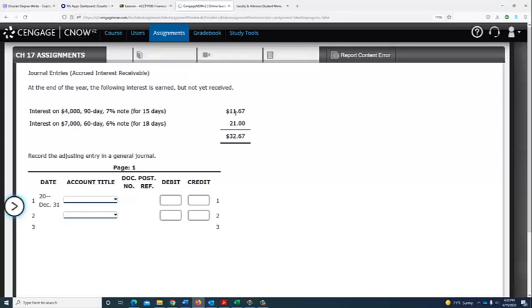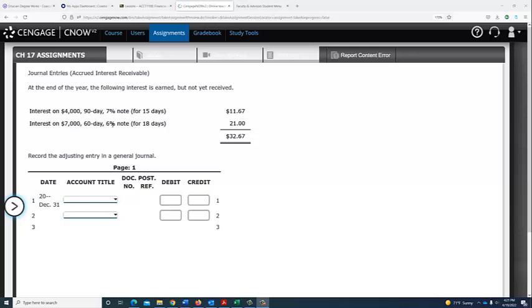Okay, that's $11.67. So remember, when you're accruing interest for the year-end adjustment, don't go back and use the original term. Always use the number of days from the date of the note until the end of the year. The next note is for $7,000. It's a 60-day term.